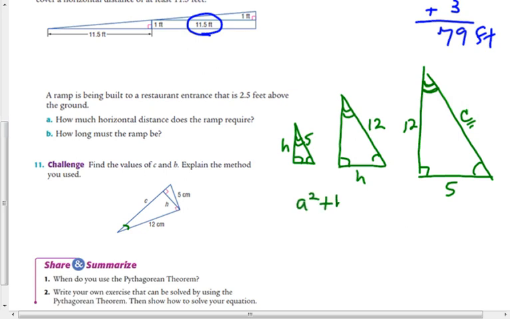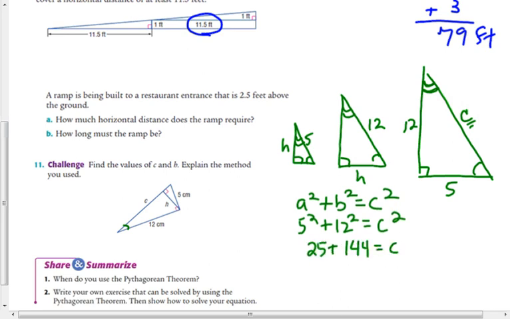A squared plus b squared is equal to c squared. And I know the 2 legs, so 5 squared plus 12 squared. And simplifying that, I get 25 plus 144, which is 169. And the square root of 169 is 13. So C is 13.